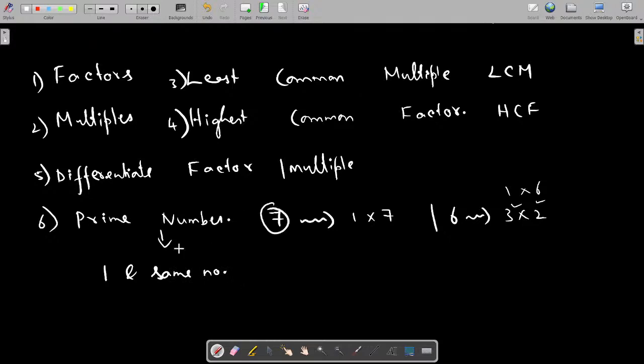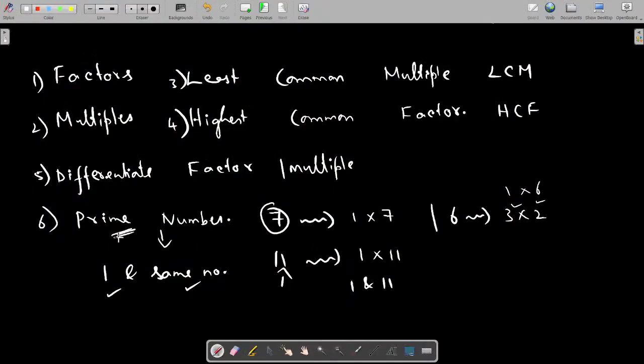So for 7, 1 and 7. If I take 11, the factors are 1 into 11, so 1 and 11 are the only factors. So you call 11 a prime number. Only two factors.